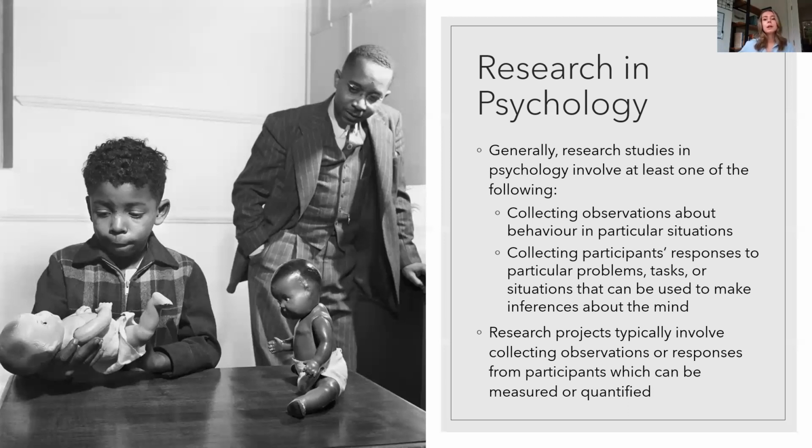Now for the second, collecting participants' responses to particular things: giving all participants who agreed to participate in a study something like a self-report measure of a psychological construct like depression, or a measure of a certain personality trait like openness to experience. Of course, things like psychological constructs and personality traits are invisible aspects of the mind.